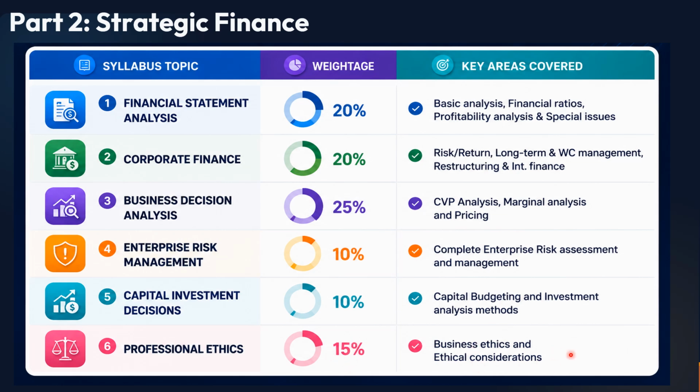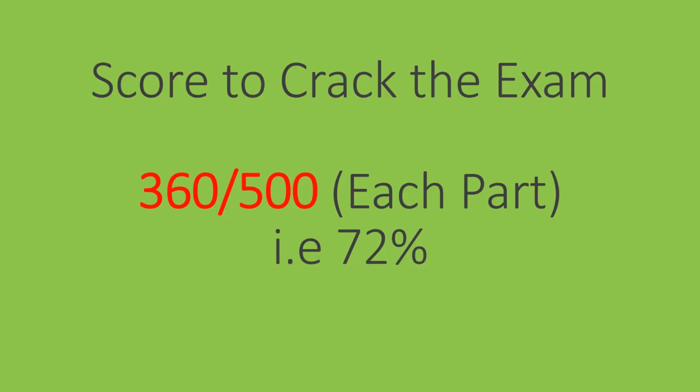These are the major topics covered in CMA, and from these topics, we get all-round exposure to all the important knowledge, skills, and abilities required by finance and accounts professionals in today's job. Now let's talk about the score to crack the exam. It's 360 out of 500 for each part. That means if you get around 72% marks, you are passing the exam.